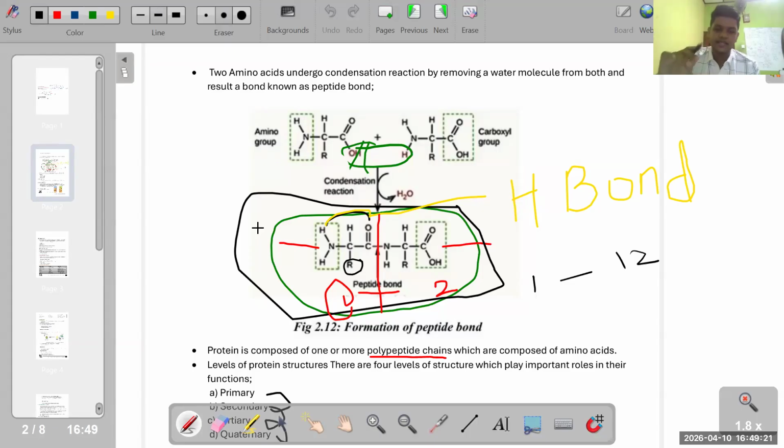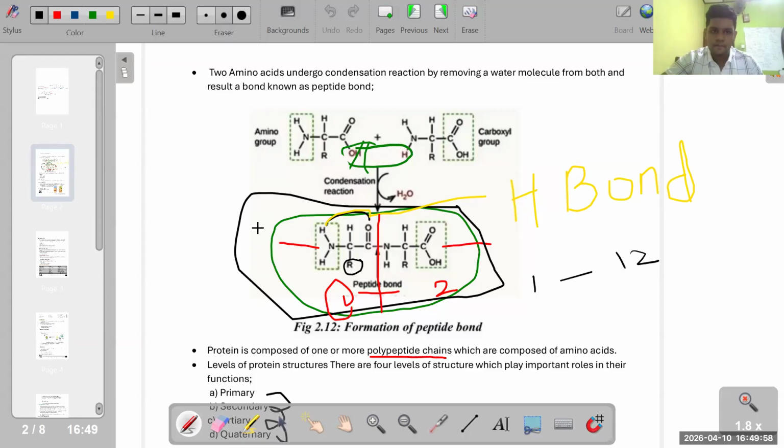So that is the thing we are saying: hydrogen atom of the nitrogen atom of the amino group and the oxygen atom of the carboxyl group of the same backbone. We should explain with respect to the atoms, not between the groups. Why shouldn't we use the groups? You might have a question, sir, instead of such a long explanation, we can say directly that the hydrogen bond is formed between the amino group and the carboxyl group of the same backbone, right?